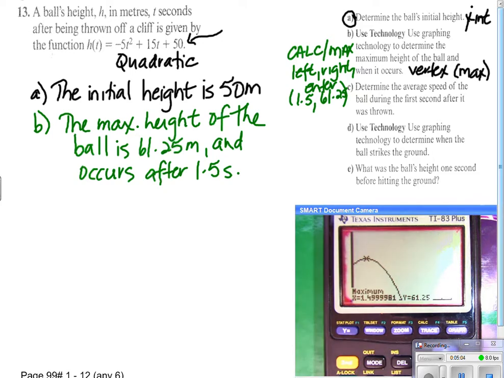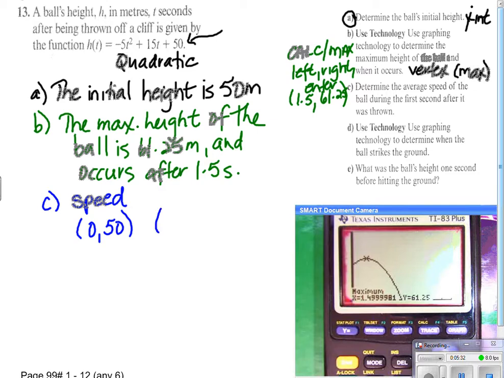Part C says determine the average speed of the ball during the first second after it was thrown. So if we want average speed, seems like a trick question. But we know that the height at 0 seconds was 50. Forgive my succinct writing there, but the point (0, 50) indicates we had a height of 50 at 0 seconds.